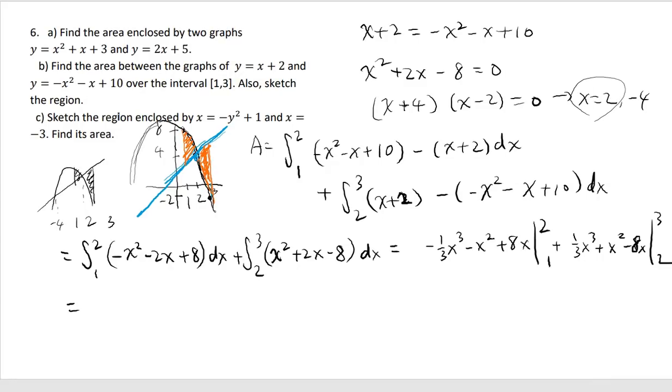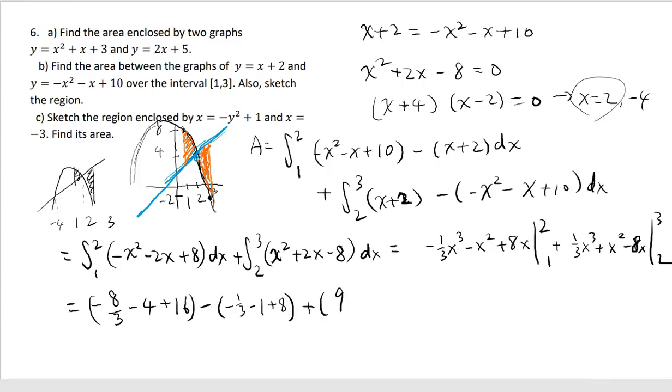Alright, so we have, when you plug in 2, it's 2 to the third power, which is 8, 8 over 3, minus 4, plus 8 times 2, which is 16, minus, when you plug in 1, it's negative 1/3 minus 1 plus 8 plus, this time when you plug in 3 cubed is 27, but 27 divided by 3, this will give you 9.